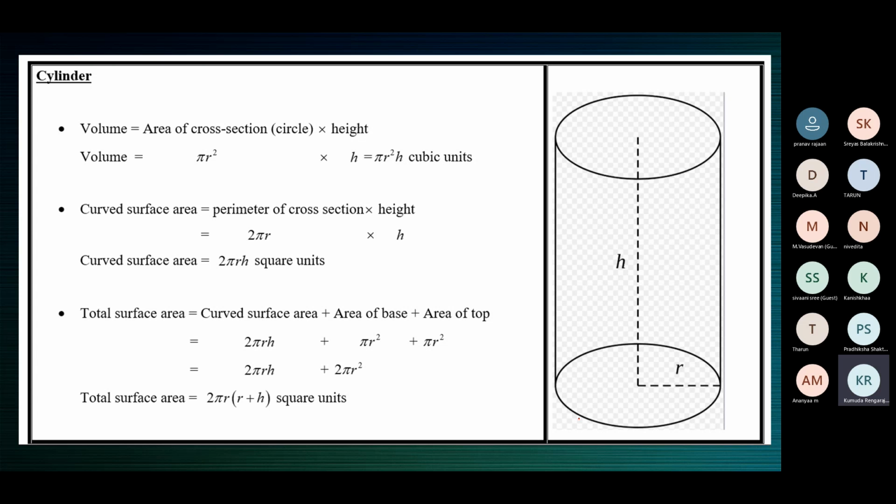So there's a cylinder of radius R and height H, and a cone of the same radius R and same height H. Then the volume of the cone will be 1/3 of the volume of the cylinder. So if the cylinder is 600 centimeter cubed, then the cone will be 1/3 into 600, 200 centimeter cubed.